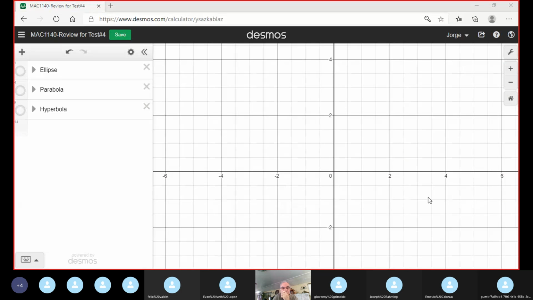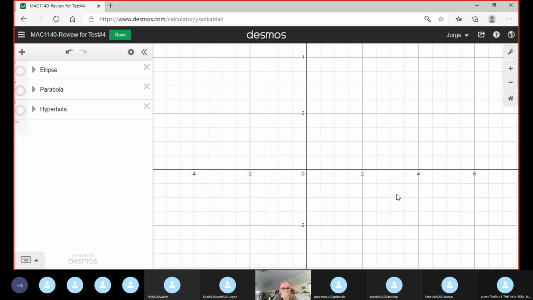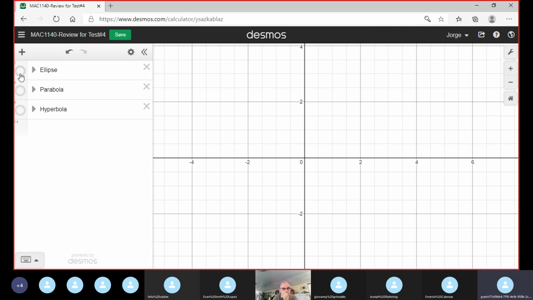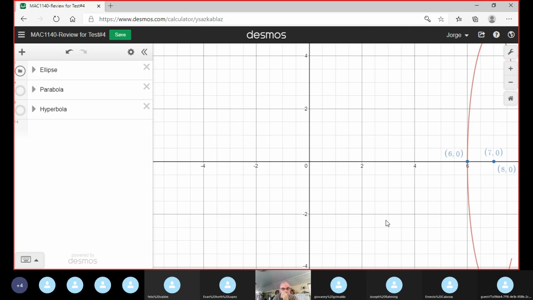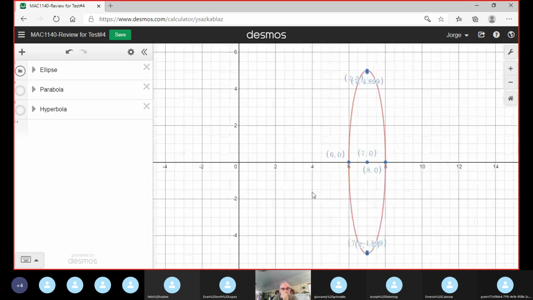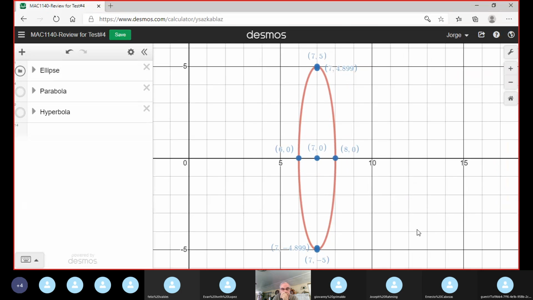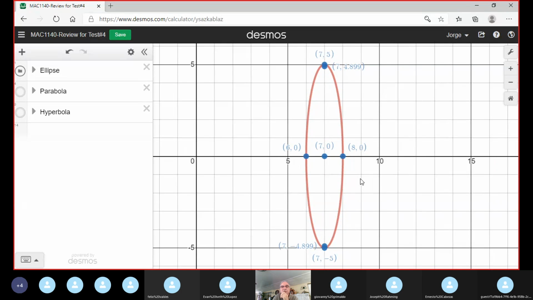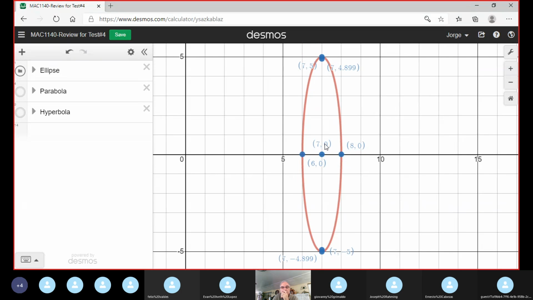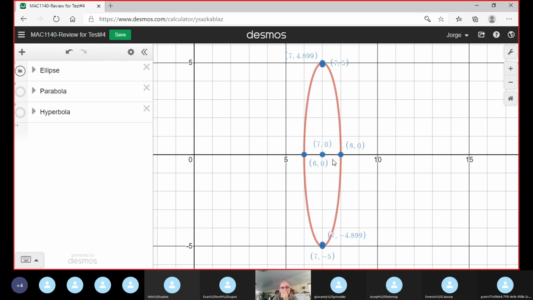Do you see Desmos? Yes or no? Yes, sir. Look at that. Boom. Let me put it in projector mode to see much better. Look, this is the center, (7, 0). This is the major axis, parallel to the y-axis.